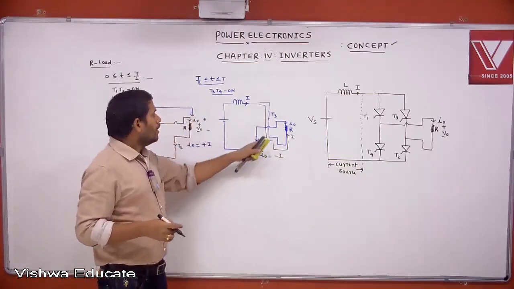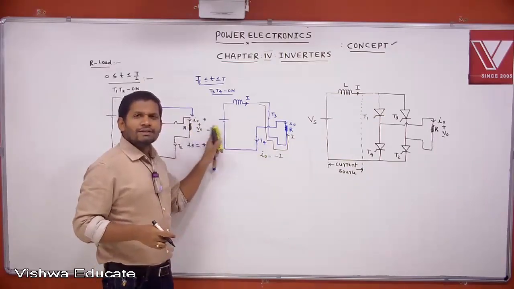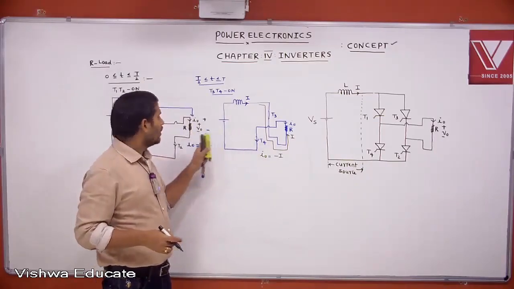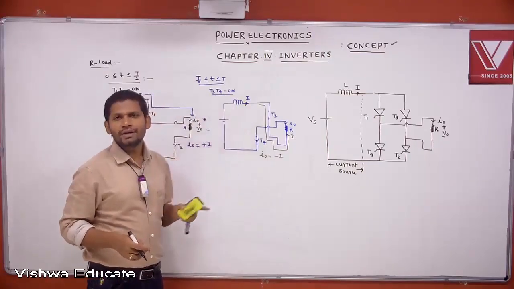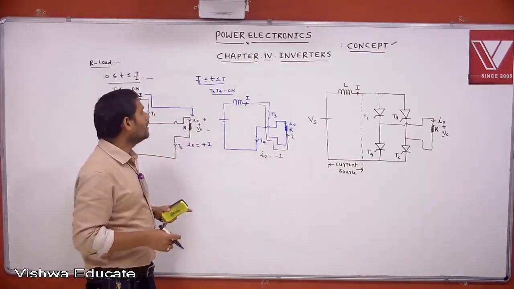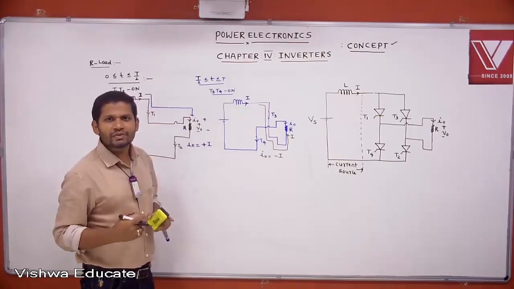That's why we are converting unidirectional current into bidirectional current, converting DC to AC by triggering T1, T2 and T3, T4. That's why it converts DC current into AC current, and that's why it acts as a current source inverter.